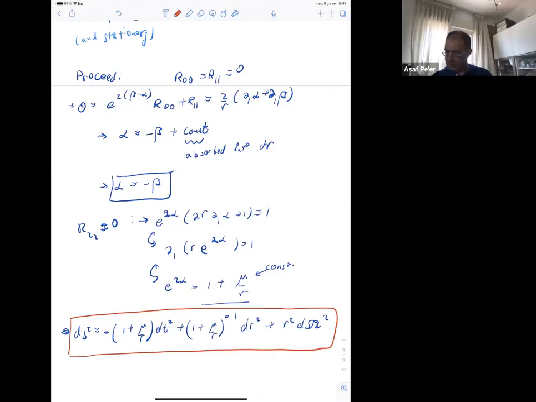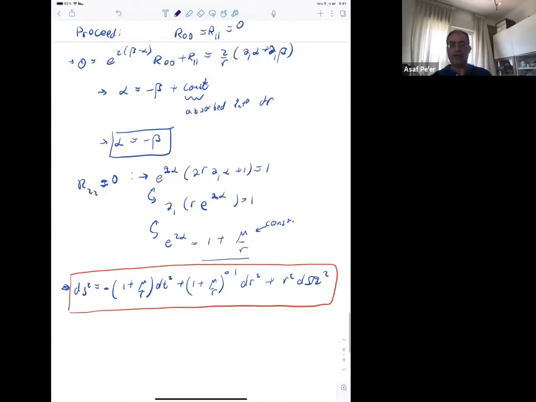So the last thing left to do is to put some physical meaning to this constant mu. And again, that goes back to the question that we had previously.